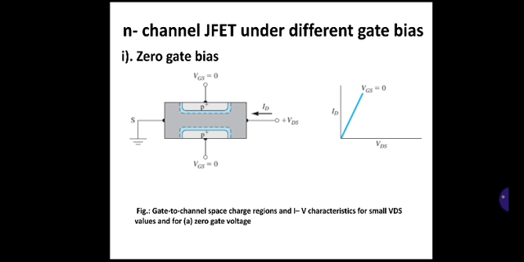This is the zero gate bias voltage case, that is VGS equal to 0, with a small positive voltage across the drain terminal and the source terminal grounded. For a small value of VDS, you will get a linear characteristic as shown in the IV characteristics diagram.